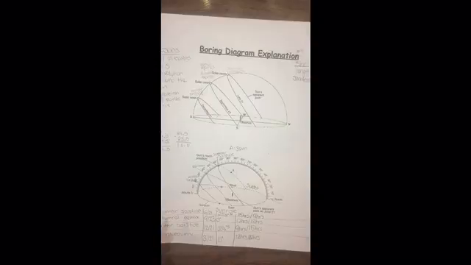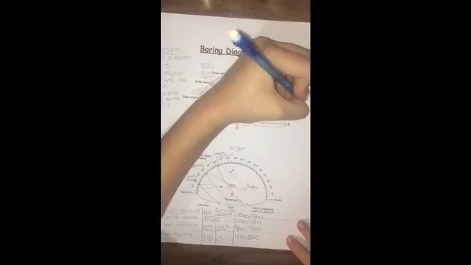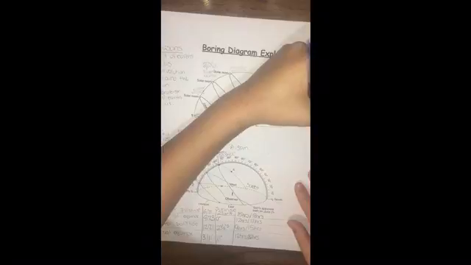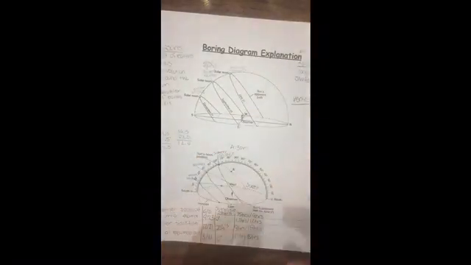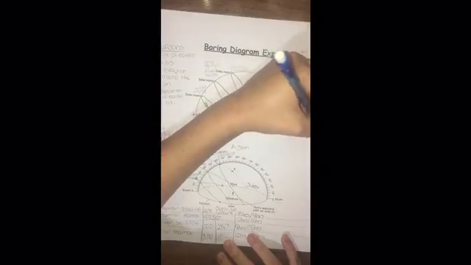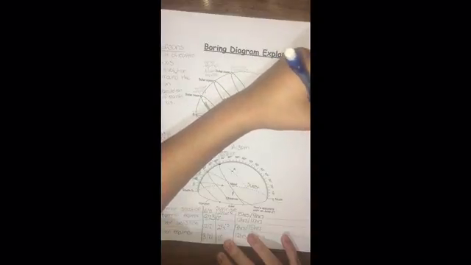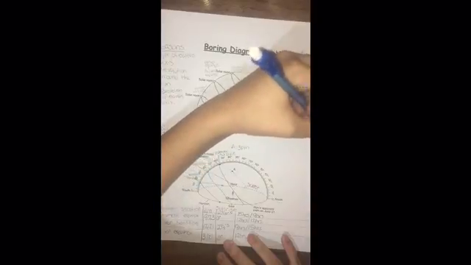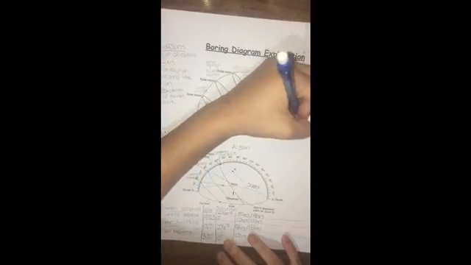So some other things to know is vertical ray. The vertical ray is the angle that the sun hits at a certain latitude.